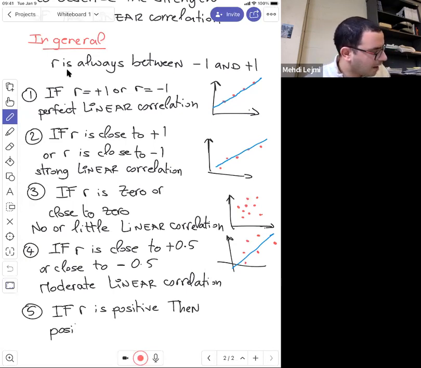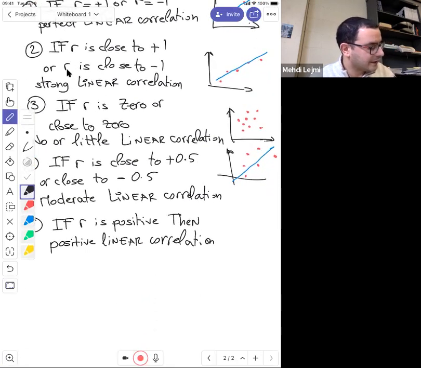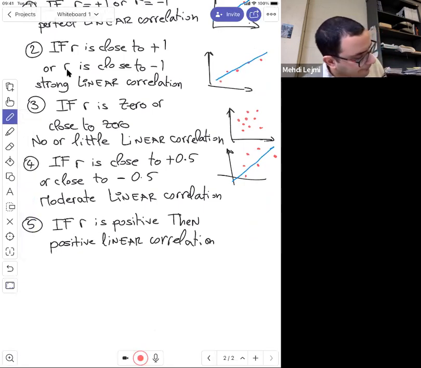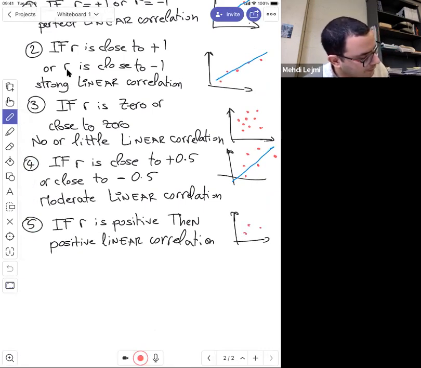That means the data is going to resemble a line which goes up. We're going to have something like this here, for example.